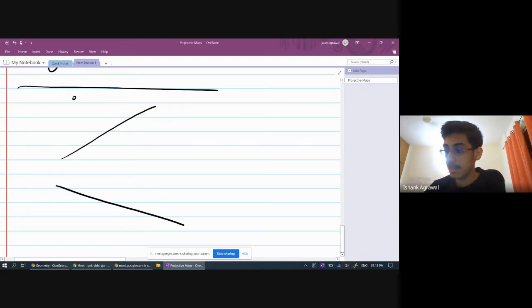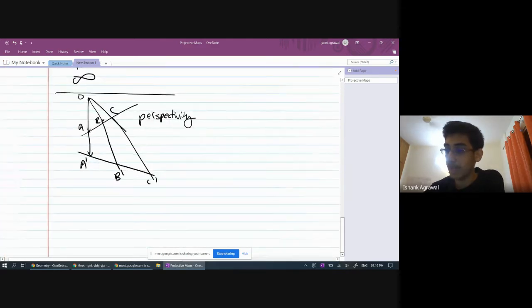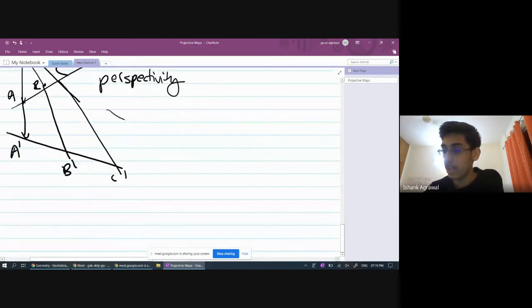What it basically does is it takes a point A and sends it to A dash, takes a point B and sends it to B dash, sends C to C dash, etc. Does anybody have any problem with how I'm defining a perspectivity? And a combination of these is known as a projectivity.